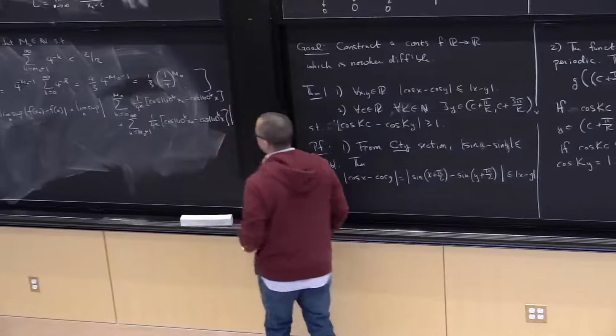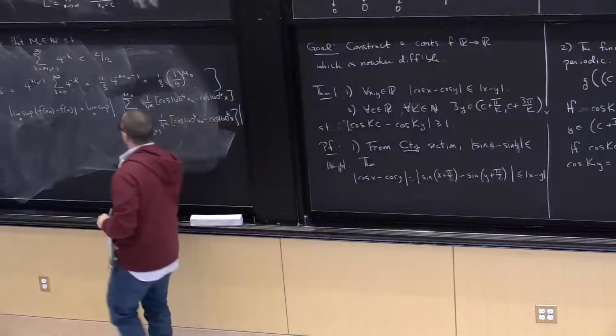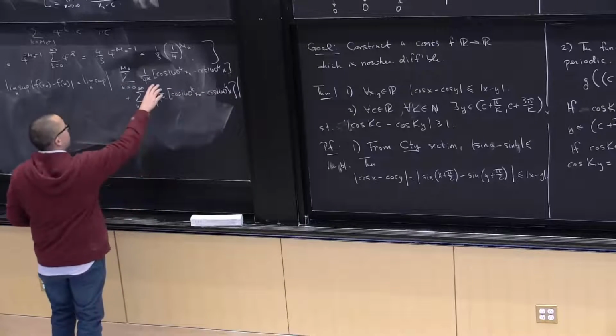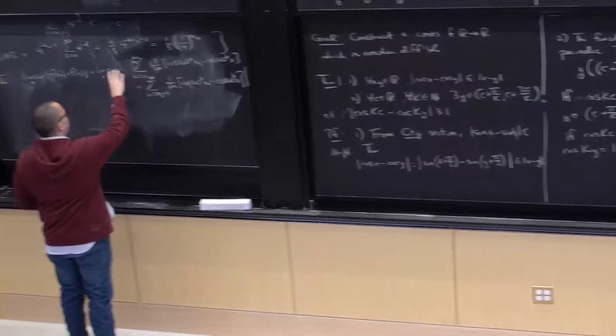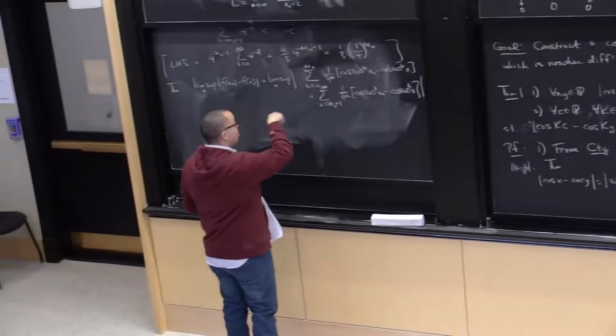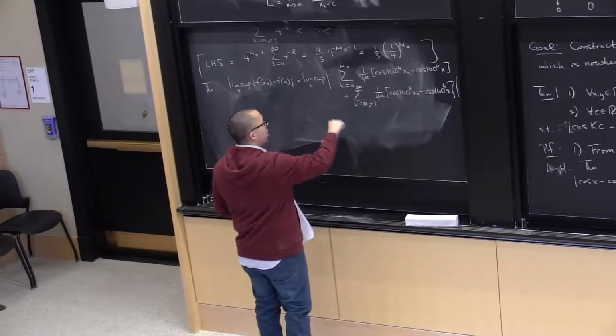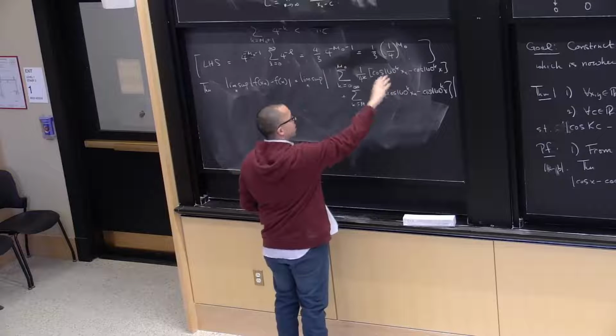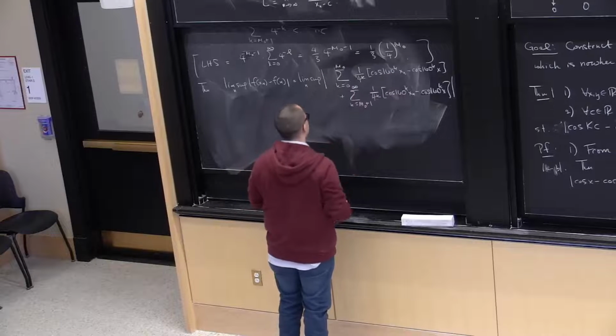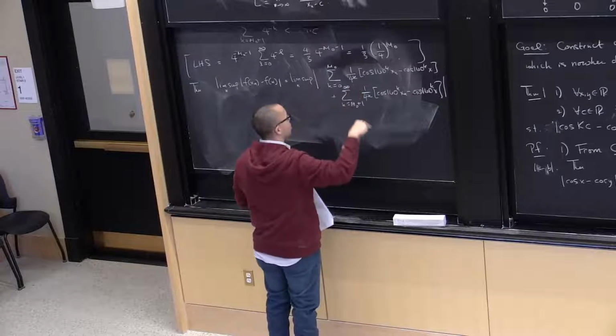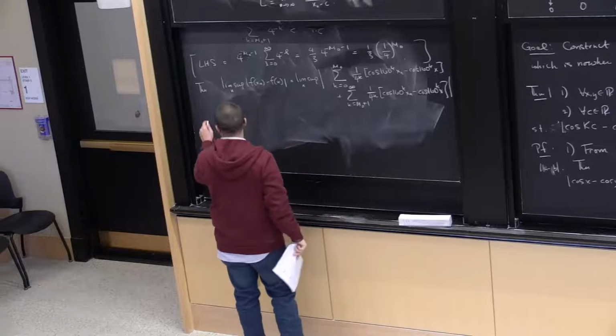And now we use the triangle inequality and the fact that lim sups preserve inequality, so the absolute value of this thing is less than or equal to the sum of the absolute values, and the lim sup of those sequences is less than or equal to the sum of the lim sups.